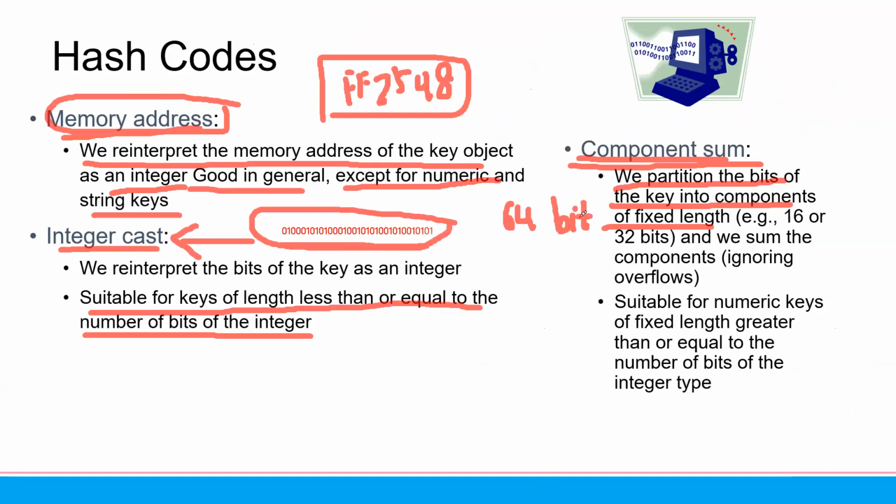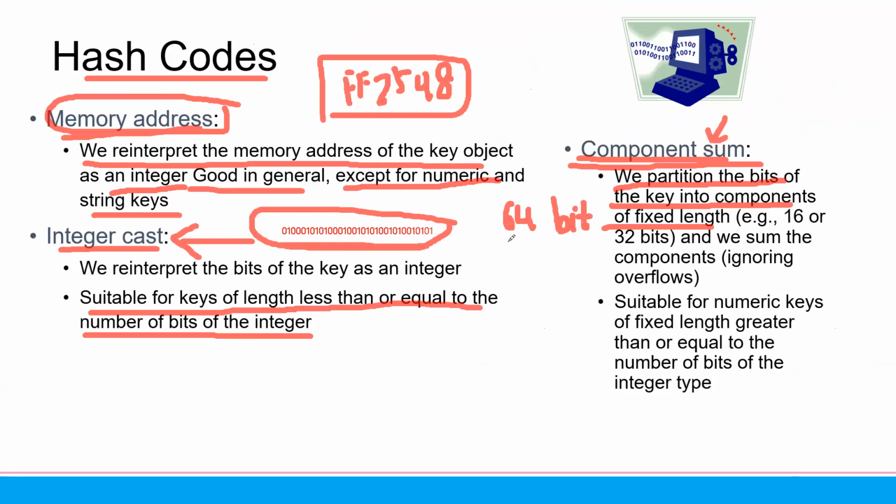The integer value has 64 bits. If your computer is getting better and better, then the length of the integer will be longer. So if you have 128-bit, of course it is faster. But when you use the hash code, the longer the integer bits, it will make the computation more complex. That's why we can just use the component sum.